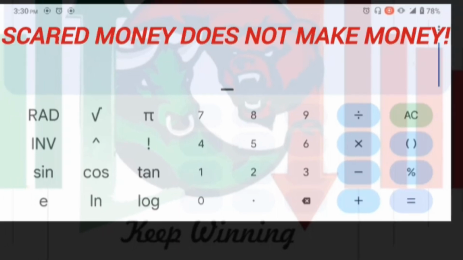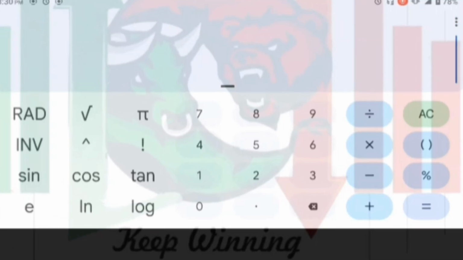So what do I actually mean by saying scared money does not make money? Let's say you purchase a $5,000 prop firm account with scared money.